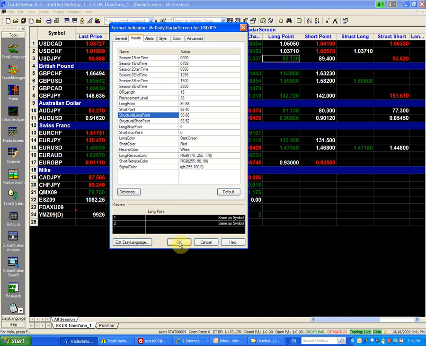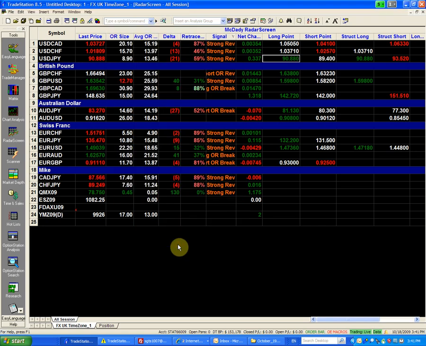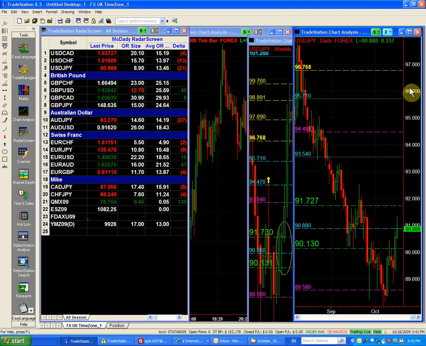So it's a pretty significant point, and we would have, in this case, a low risk entry on the week. As long as the dollar yen remains above 90.88, we are going to be maintaining our long bias.